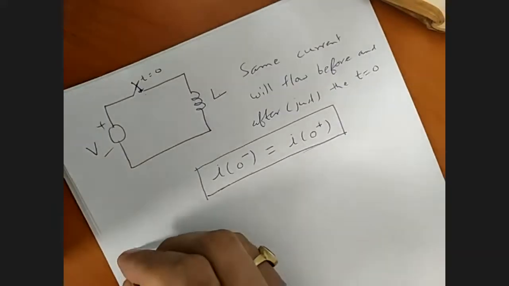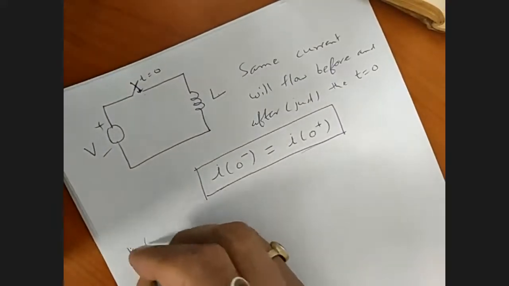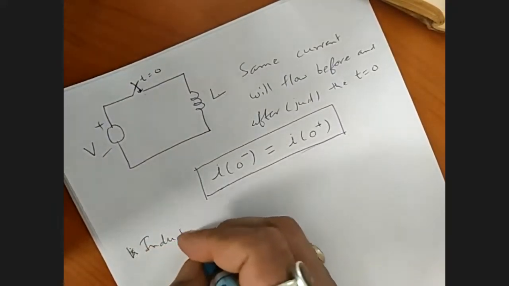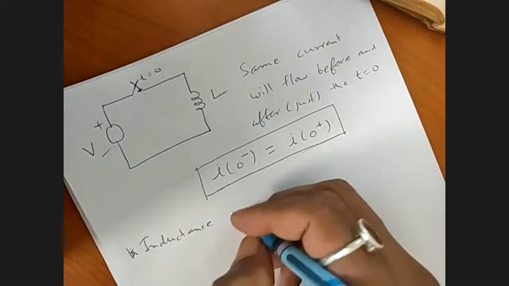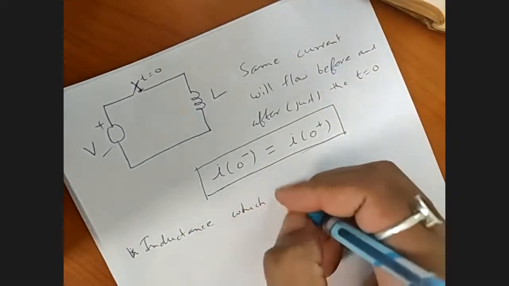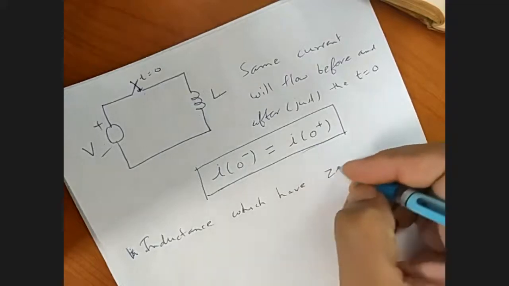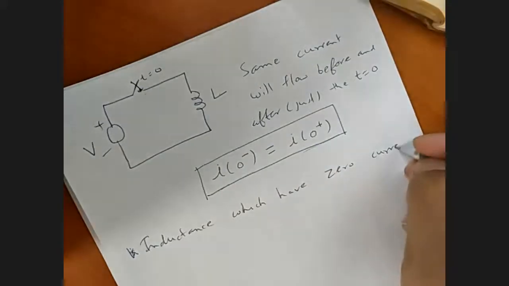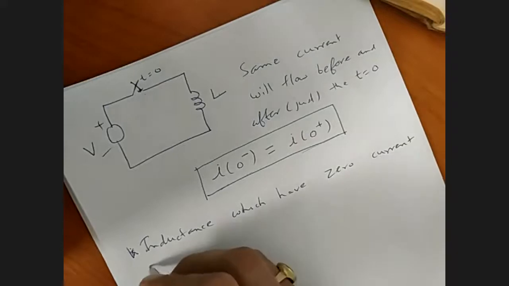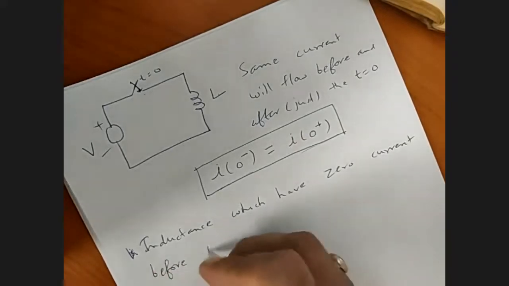So let's consider an inductance which has zero current before t equal to 0.